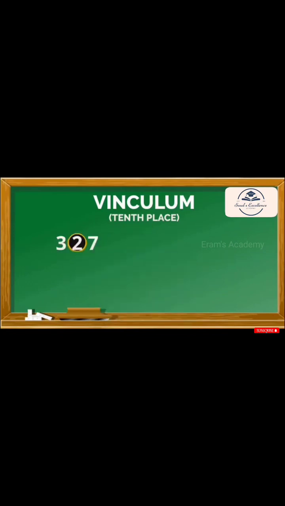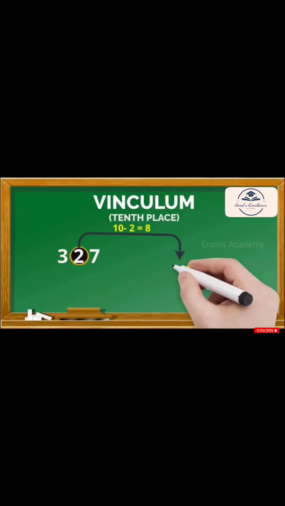Let's start with an example like 327. First we write the unit digit as it is, so we write 7. Then we subtract the 10's digit from 10, that is subtracting 2 from 10 equals 8. We write 8.